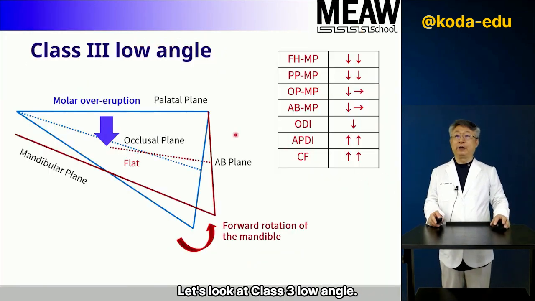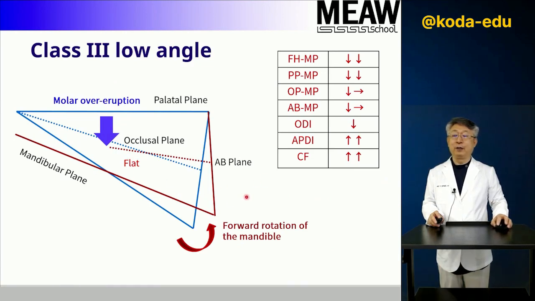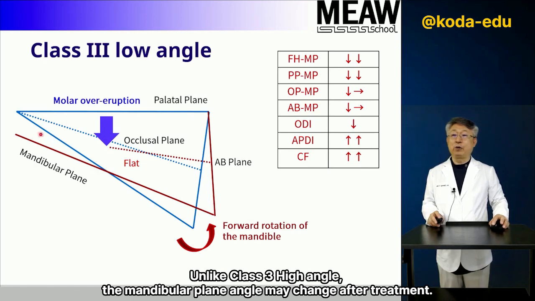Let's look at Class 3 low angle. This is a skeletal pattern that results from the over-eruption of the maxillary posterior teeth and the forward rotation of the mandible. Unlike Class 3 high angle, the mandibular plane angle may change after treatment.